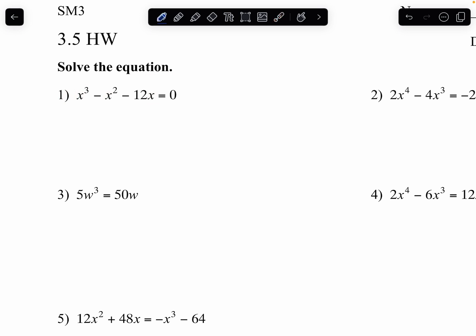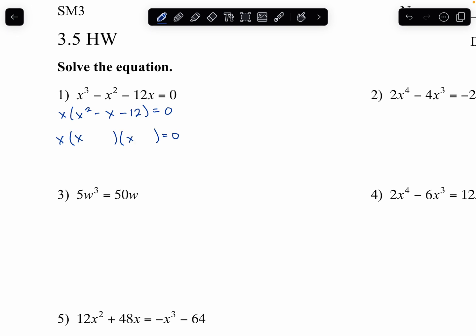So let's factor. I see the greatest common factor here is x. If I take that out, I'll get x squared minus x minus 12, and that's going to be equal to 0. This is a trinomial, so it is still factorable, and it's going to factor into 2 binomials.